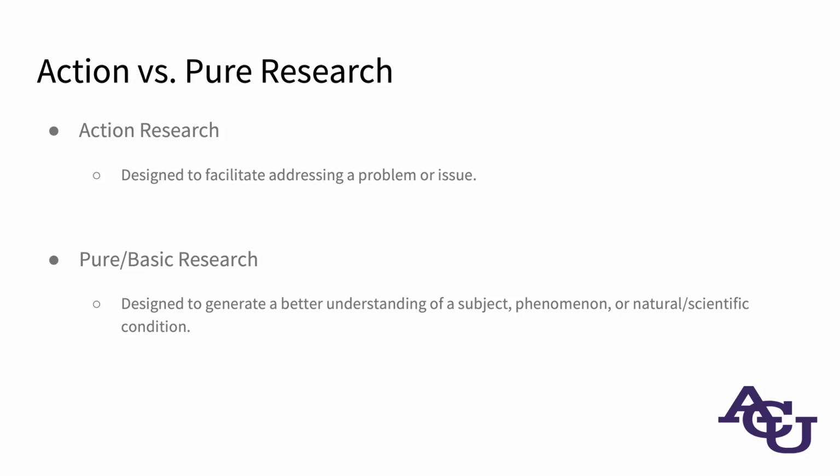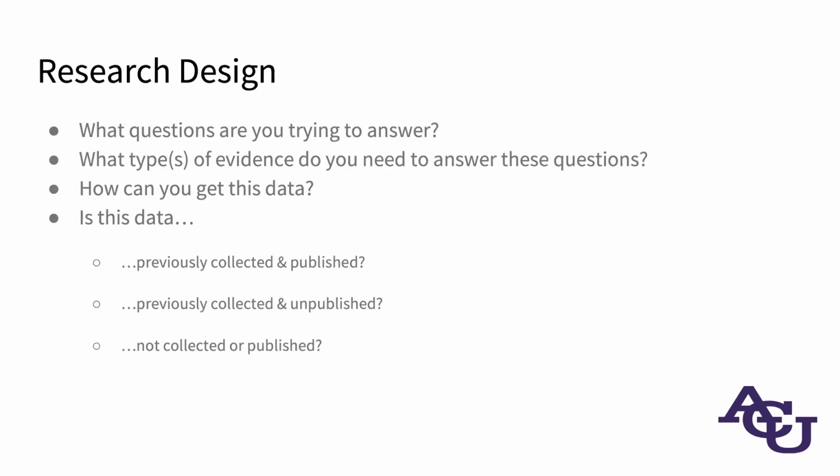And this is important because when you are deciding what methods are appropriate for your project and you're planning the purpose, you want to make sure that you're going to be generating results you can do something with. And we'll talk more about that as we go along.